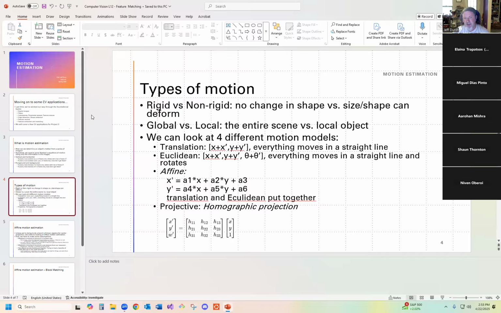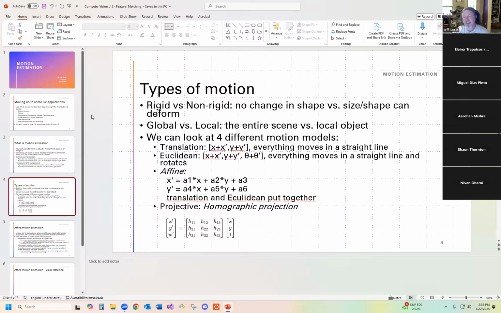So you're only looking at how this object is moving back and forth or up and down in an image. That's really the simplest one. And it's okay for 2D images, but it's not particularly useful because, again, you're assuming everything is just moving in a straight line.